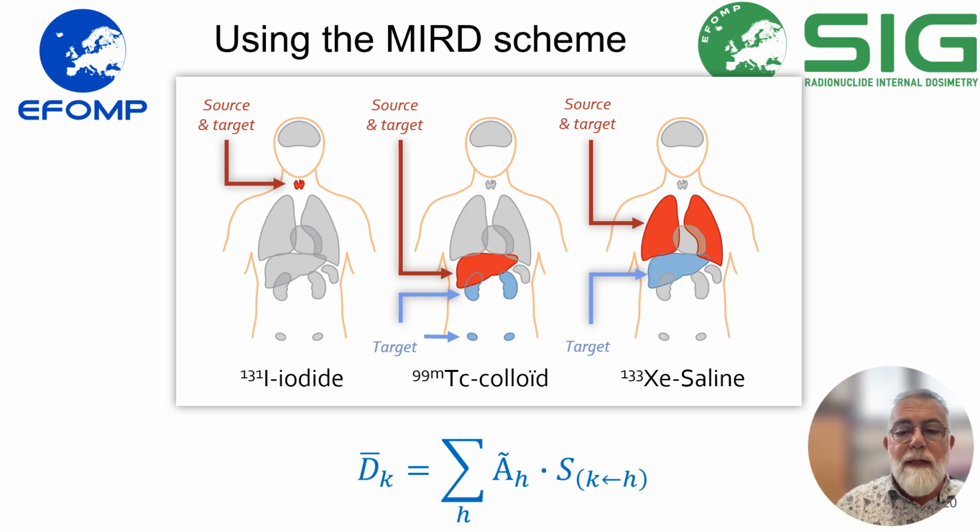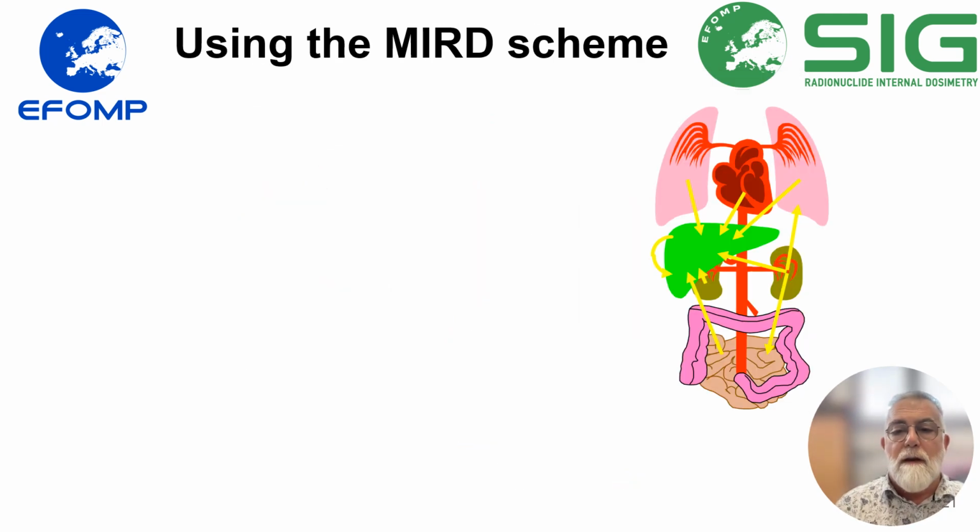And then this is the practical MIRD equation that says that for a given target k, the average absorbed dose to that target is the sum of all the contributions of all the sources where the radioactivity is in the patient. In other words, for a given situation, say you want to get the absorbed dose to the liver, you have to take the contribution of the radioactivity that's going to irradiate the liver from the lung, from the heart, from the liver itself, from the kidneys, from the intestine, and so on.